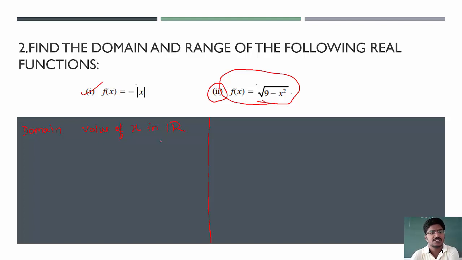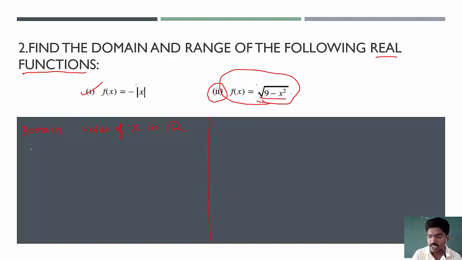Domain means the function has to be defined for this x, and this x is from real numbers. Real functions means it is defined on real numbers, so this number should always be a real number.